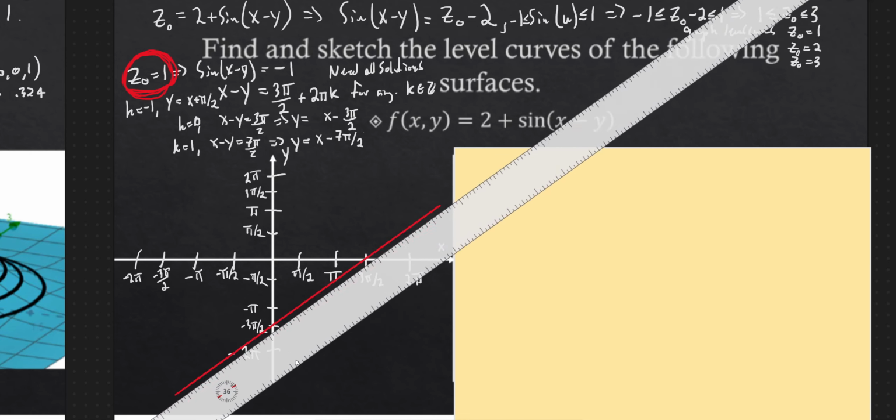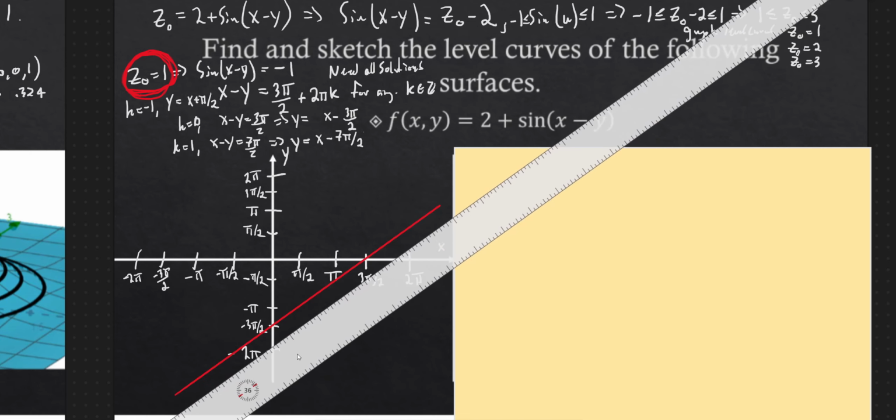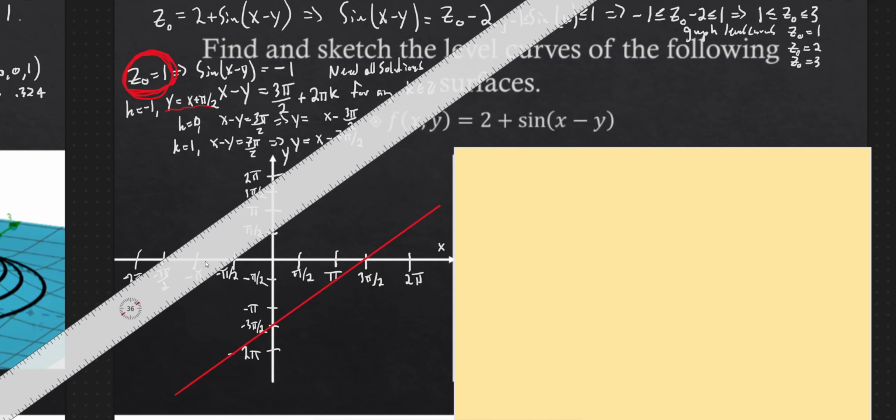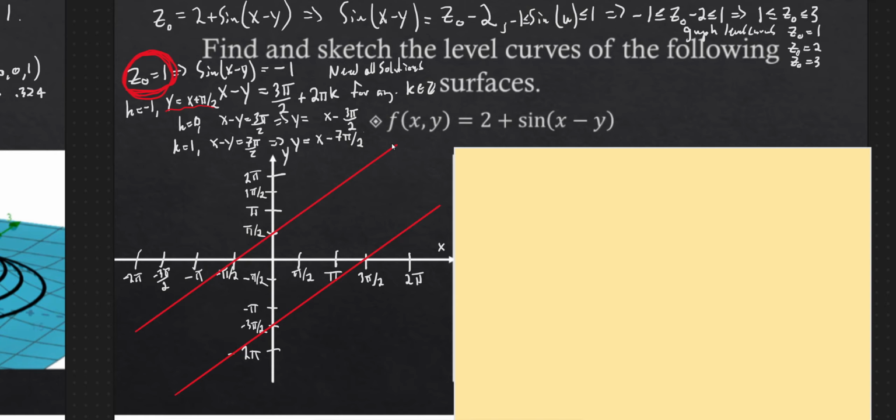That's out of my scope. That's okay. But then I did have when k was negative 1, right? When k was negative 1, I have y equal x plus pi over 2. So I could do that one here. And so those are both at a height of 1.